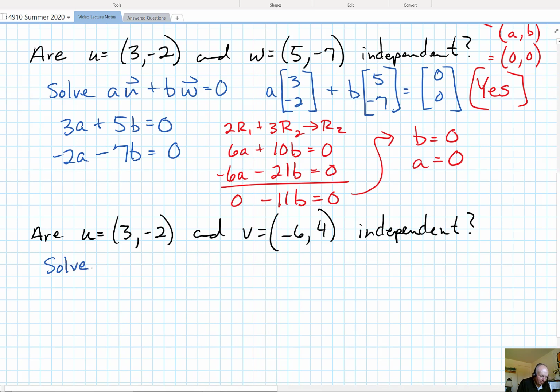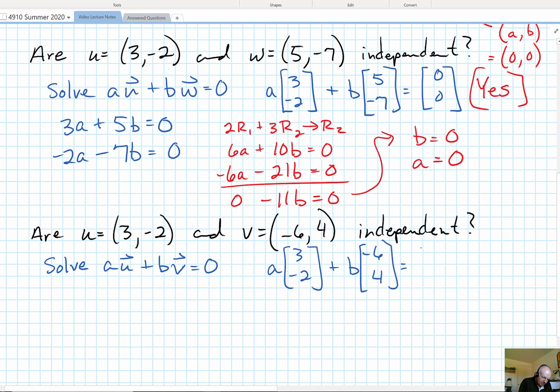Again, this is for R2. You're going to solve that plus that equals 0. That is this equation: a times 3, minus 2 plus b times minus 6, 4 equals 0, 0.